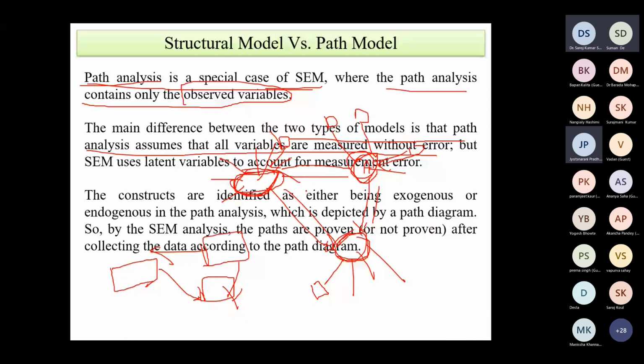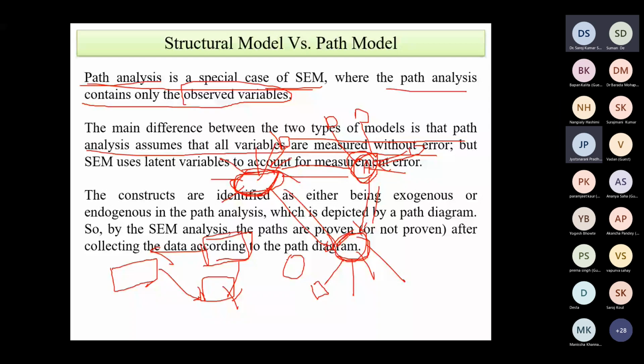It itself has a value, the original value. It is not connected to a particular construct, so how can there be a question of error? If it is connected to a construct, then there will be an explanation of how much it has explained and how much it has not explained. At that time, there is an error. So it has its own value.